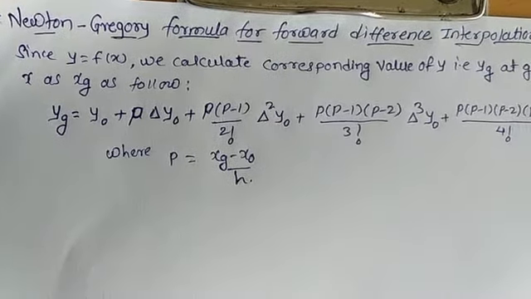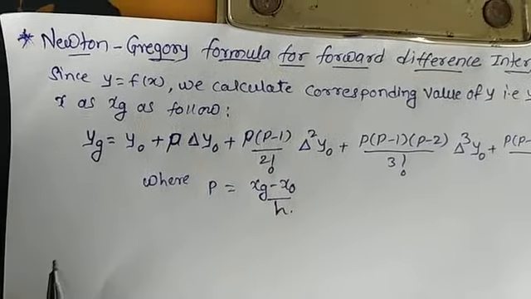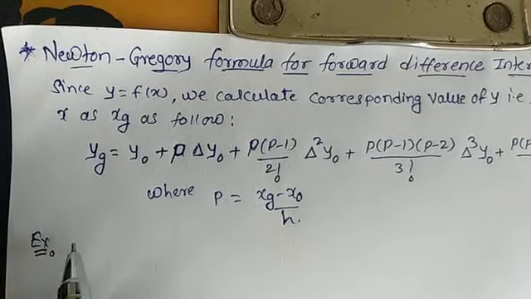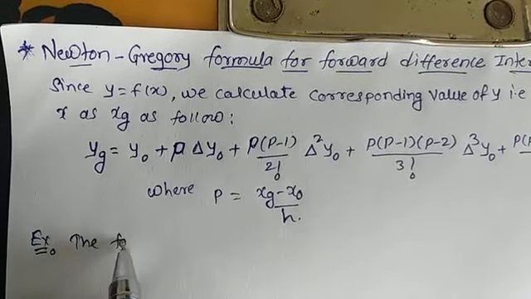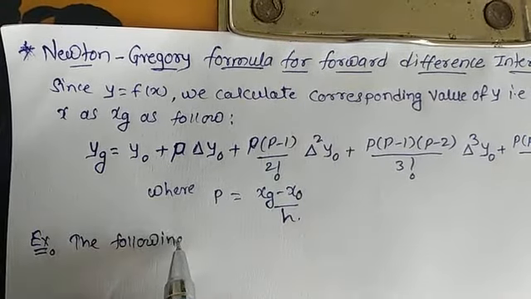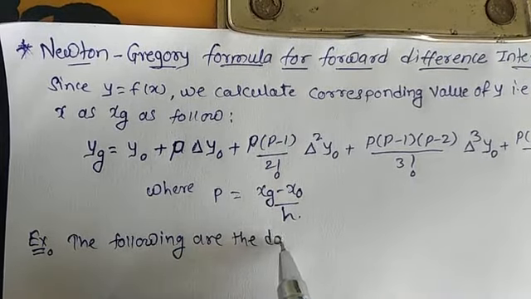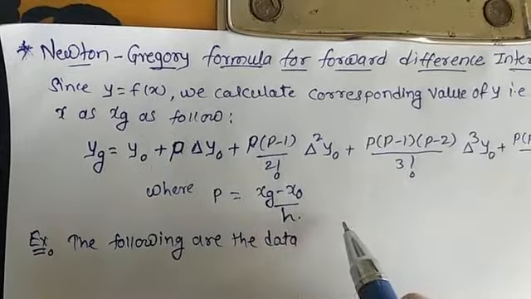Now we consider an example related to forward difference. In that, the data is given as follows. The following are the data from a steam table.